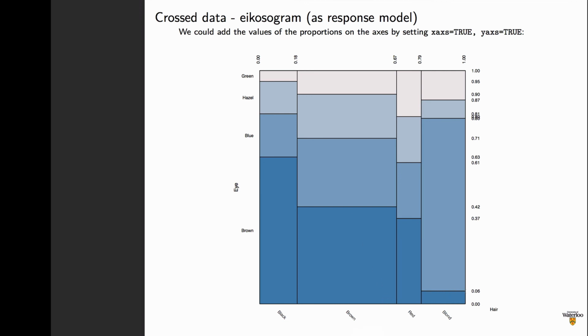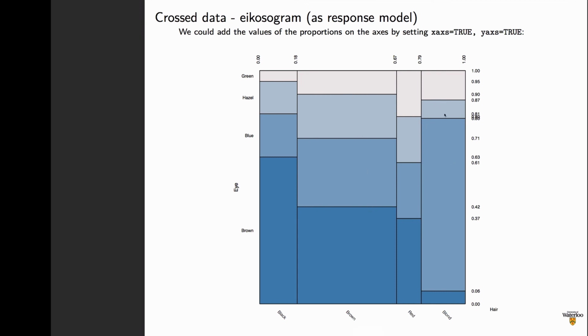Similarly, for the heights here, 0.06 is the conditional probability that the eye color is brown given the hair color was blonde, and 0.37 is the conditional probability that the eye color is brown given the hair color was red, and so on. Every one of these identifies the height of one of these horizontal lines.